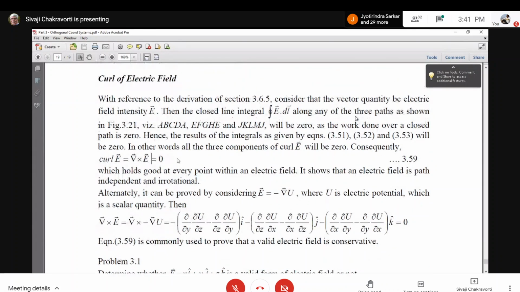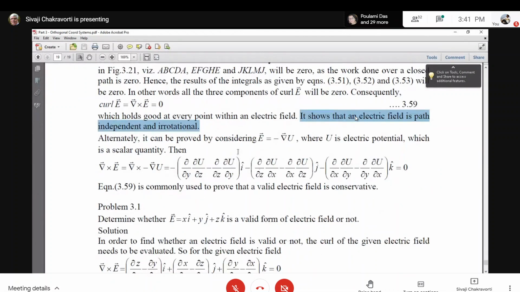This is a property which is, we always say that the electric field is path independent, and it is also called irrotational.